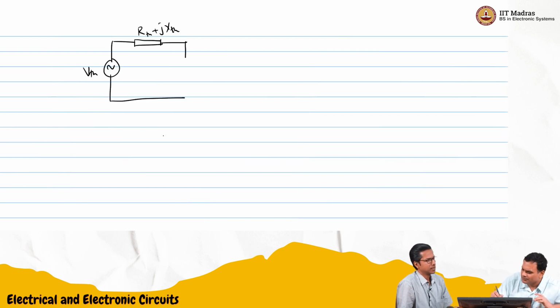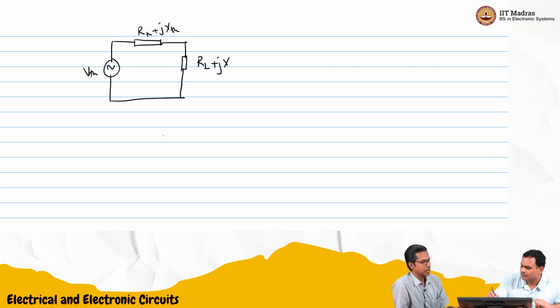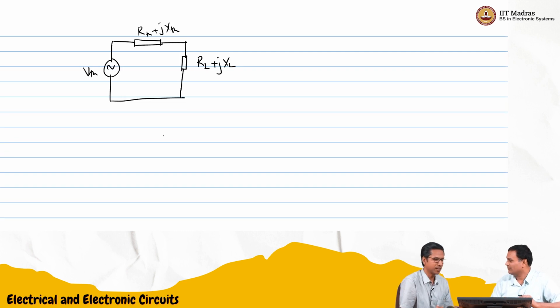So the load also, maybe we don't know if it has an imaginary part. So RL plus JXL? Yes. XL is not inductive reactance, so they should not confuse it with inductive reactance; it's for the load. Understood. So RL plus JXL.